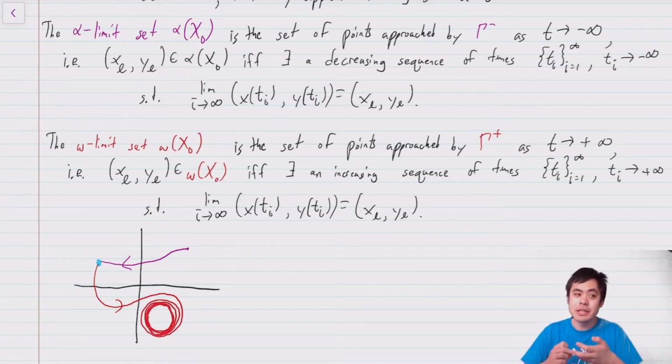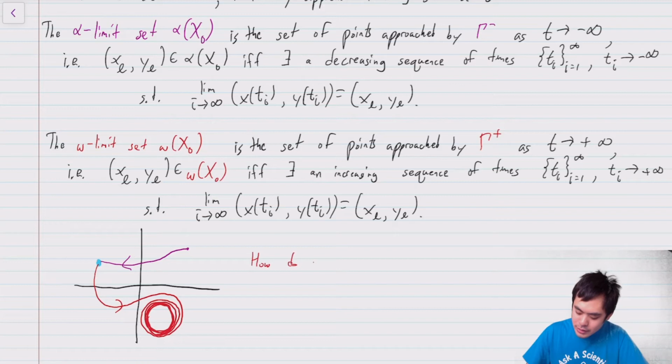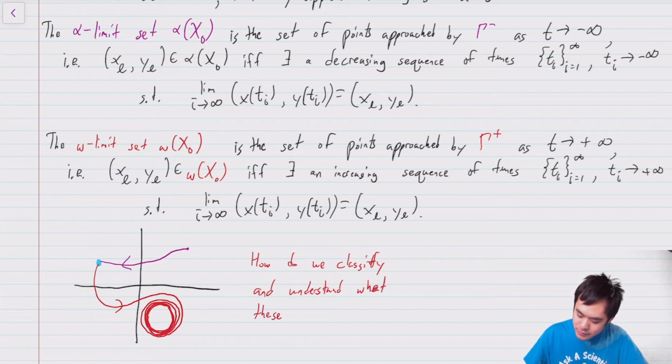The topic of today's lecture is classifying all these different possibilities. So how do we classify and understand what these limiting sets look like?